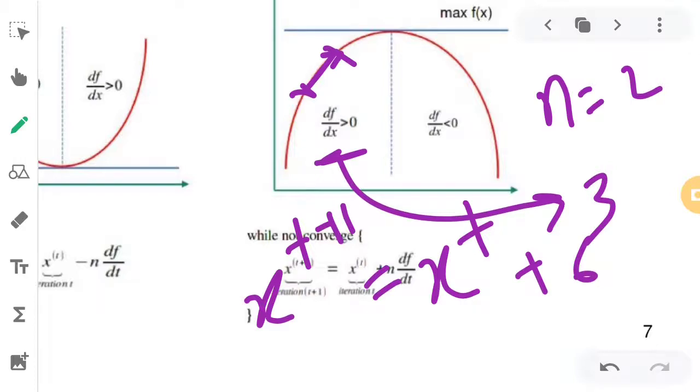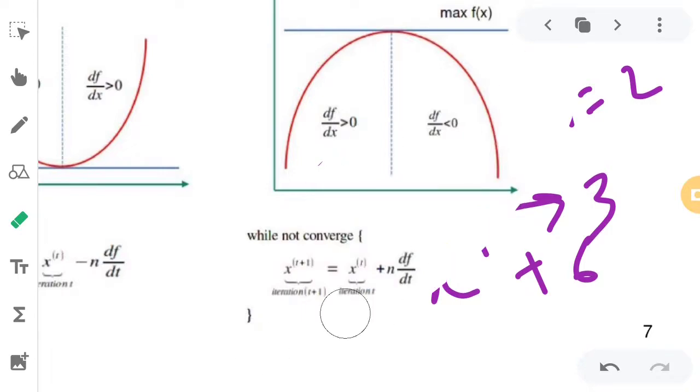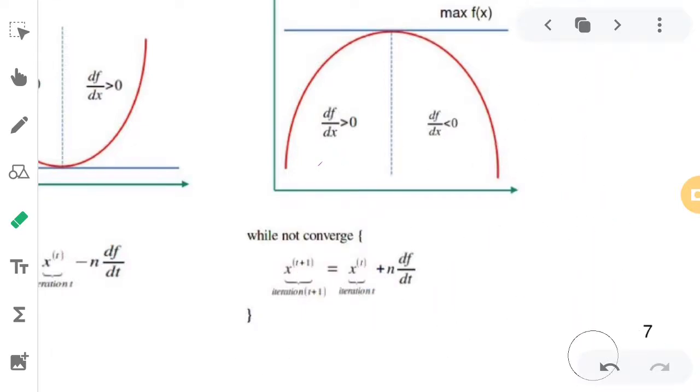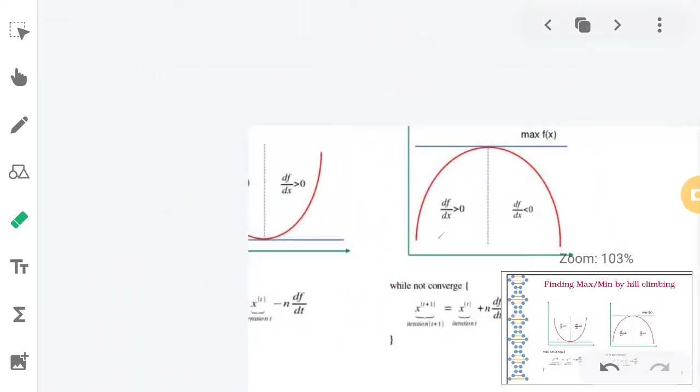In this way, climbing up. And similarly, you can think how the point comes from here to here to here to here. This is the concept of finding maxima by the hill climbing method.